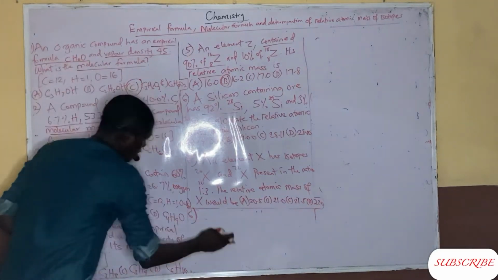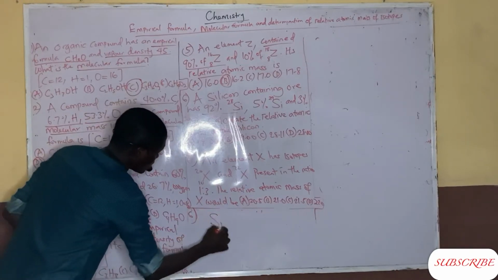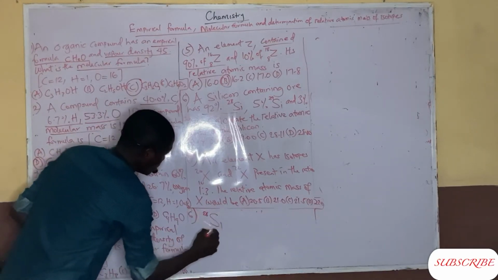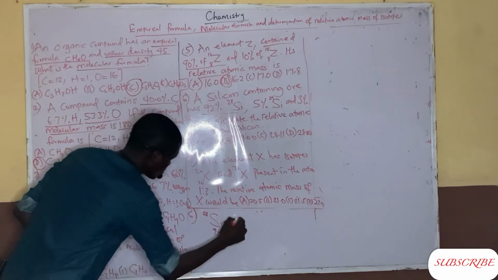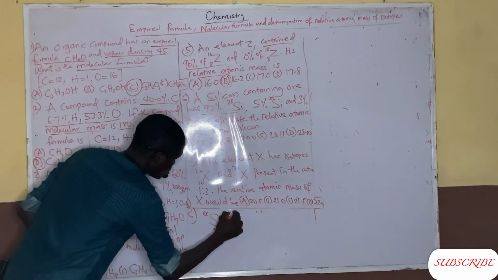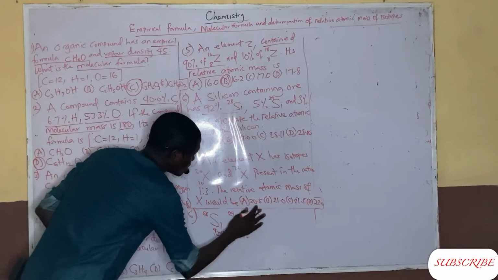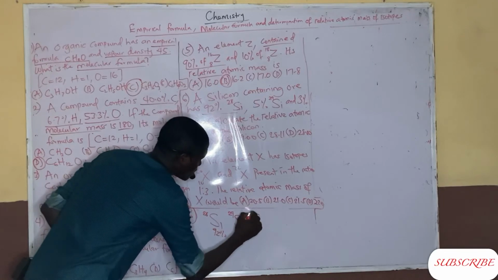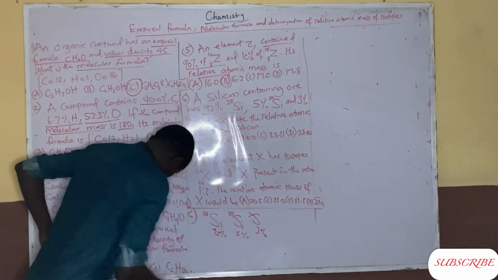So we have isotopes of silicon: silicon-28, which is 92%, silicon-29, which is 5%, and silicon-30, which is 3%.